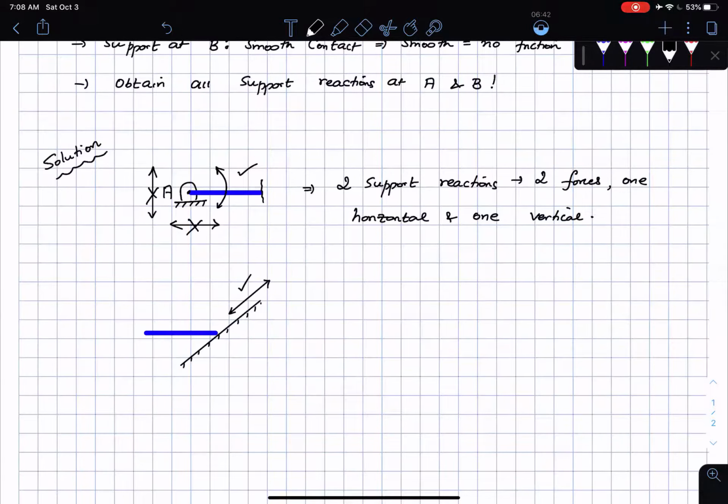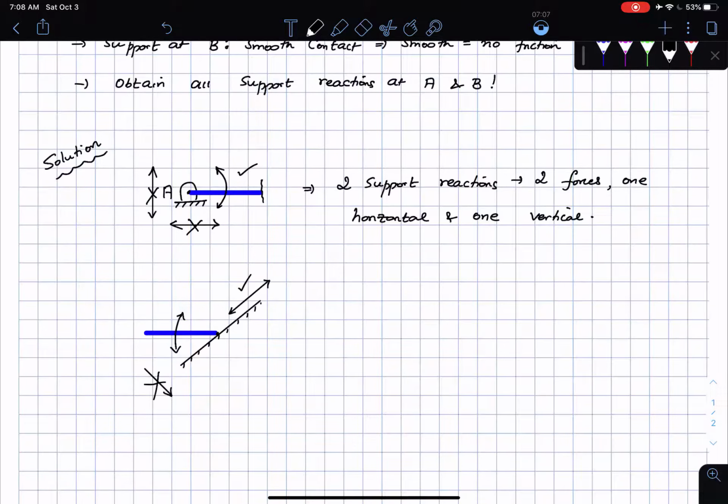Am I allowed to translate in a direction that is perpendicular to the incline? Can I dig into the incline? Obviously, I cannot take this bar and then go into the incline, which means that there is something that is preventing me from doing that. Now, think of it also this way: am I allowed to rotate about this point of contact between the beam and the incline? There is nothing preventing me from rotating this beam, right?